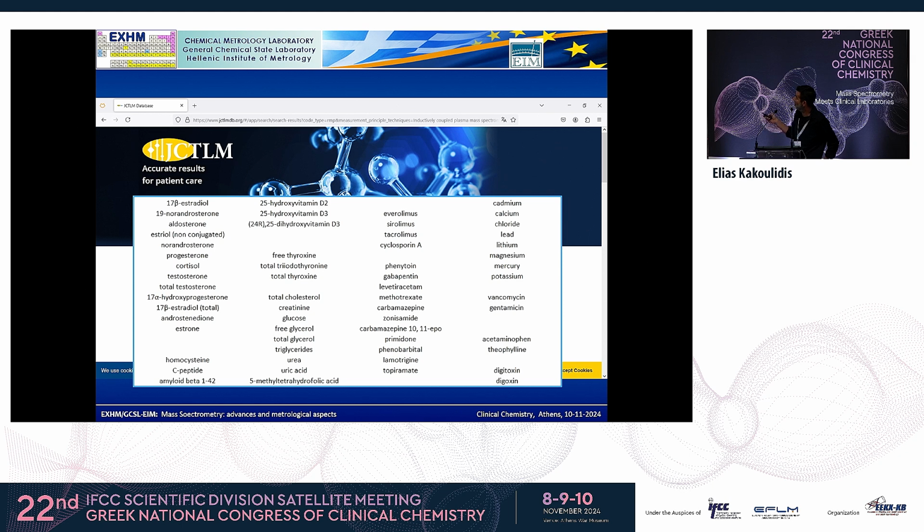Again, steroids, vitamin D, some peptides and proteins, thyroxine, the usual suspects here, some immunosuppressants. These are anti-epileptic drugs, and again, metals. This also underlines the actual reality that mass spectrometry is used basically for therapeutic drug monitoring and special applications currently.